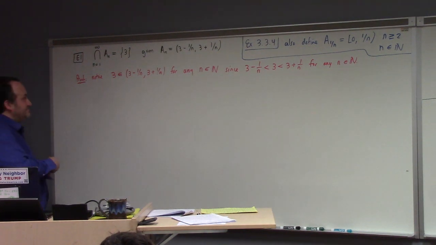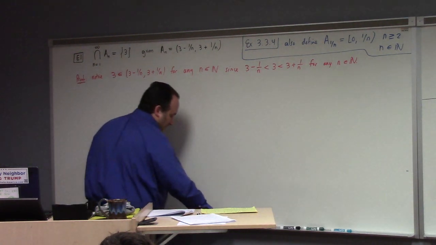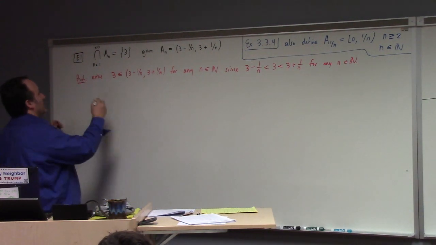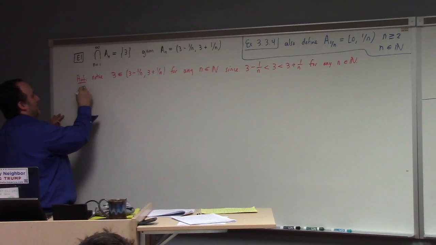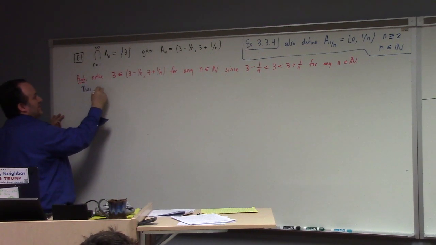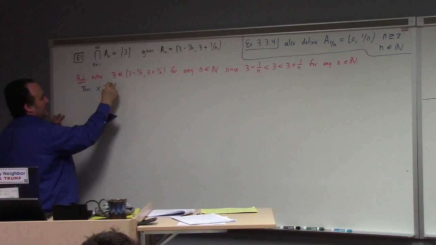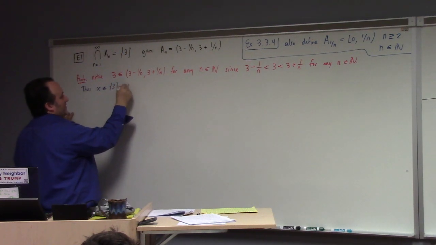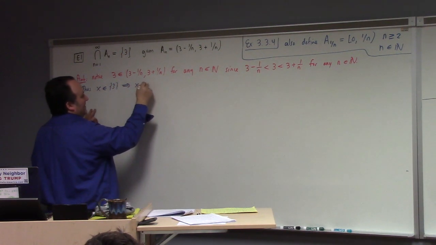All right, so what does this mean? Thus, x an element of the set containing 3 implies what? x is equal to 3, right?